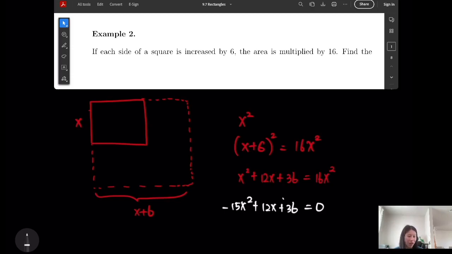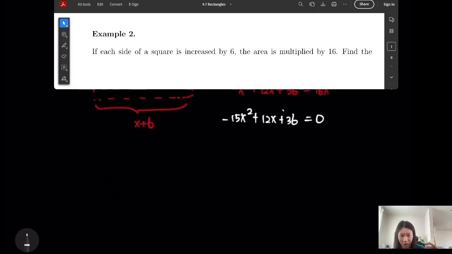You can try to factor it, but this looks like a very hard thing for me to factor. So what I'm going to do is apply the quadratic formula. Our a is equal to -15, b equals 12, c equals 36.